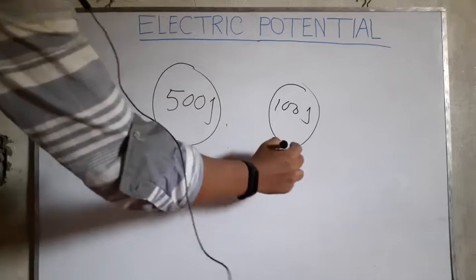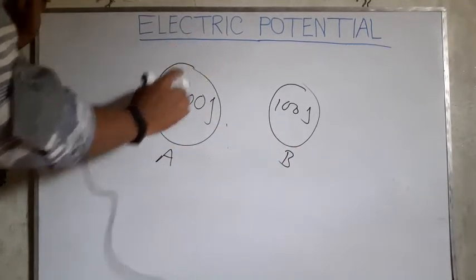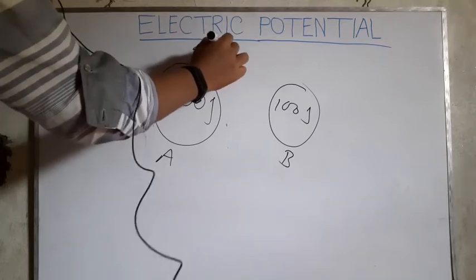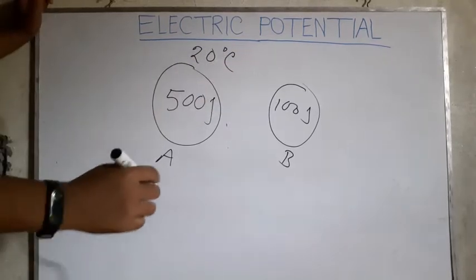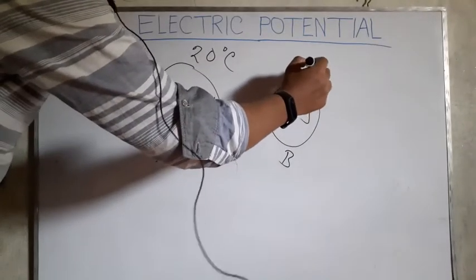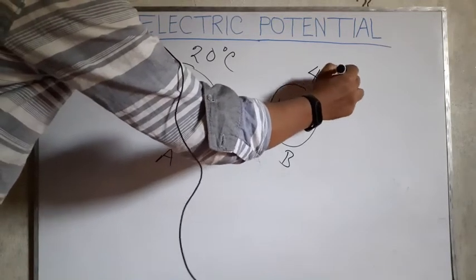The temperature of the body A is 20 degrees Celsius and the temperature of the body B is 40 degrees Celsius.